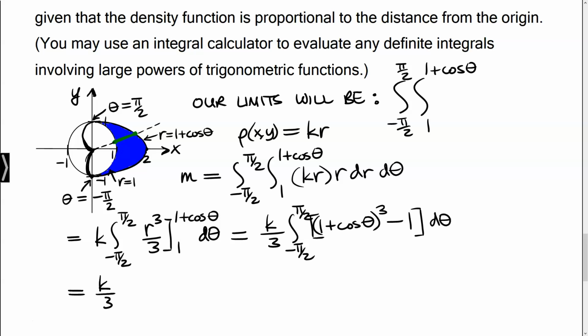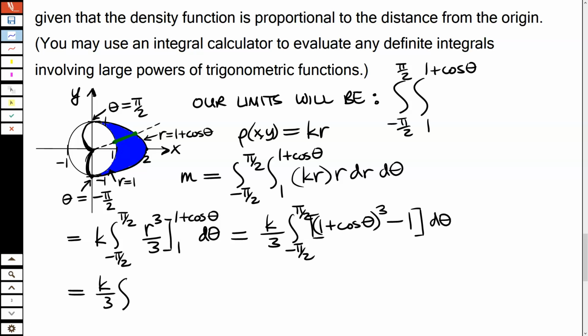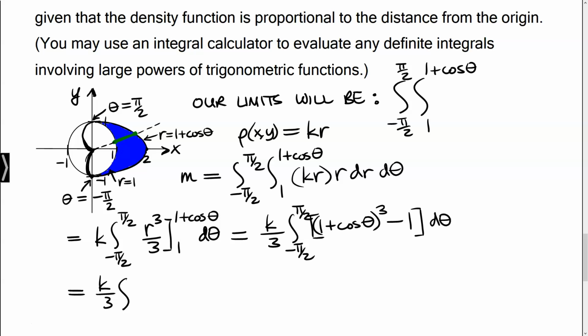It's k over 3 times the integral from, now notice that, remember we talked about being on the lookout for even functions. This is an even function because it's just got cosines in it. If you put in minus theta, you get the same thing. So that means we can really go from 0 to pi over 2 as long as I include a factor of 2 out here.